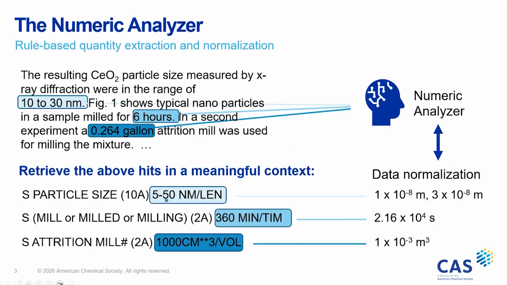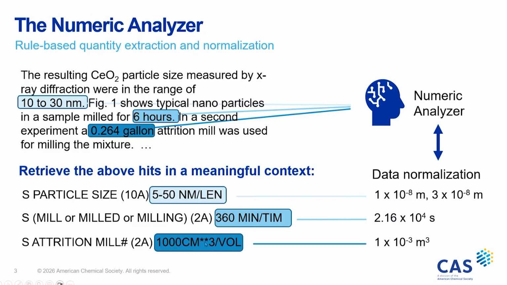In this case, I'm searching for a range of 5 through 50 nanometers as a length, or a time frame of 360 minutes, or a particular volume in cubic centimeters in the respective fields, and then hitting on the normalized data in the back end, meaning you are independent of the unit that you enter from what's given in the text.